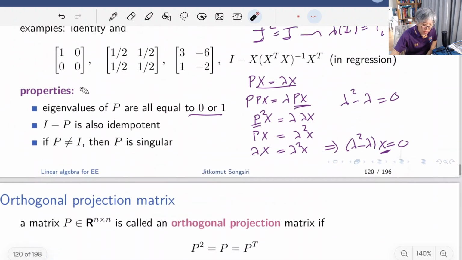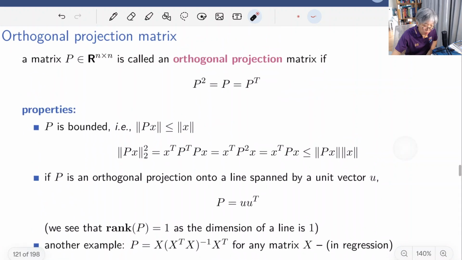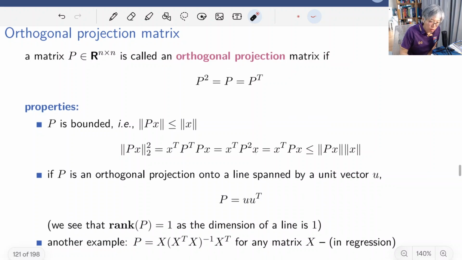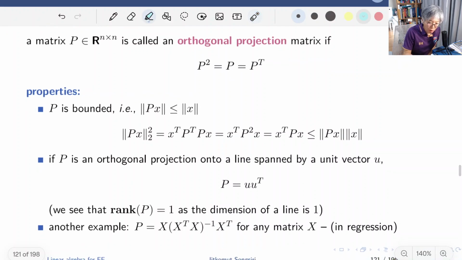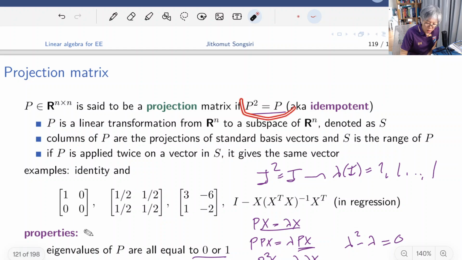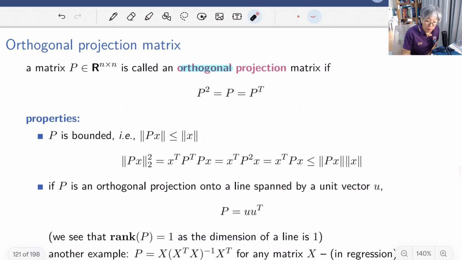Okay, so this is idempotent, P squared equals P. The next concept is closely related to the previous one. A matrix P is called an orthogonal projection if, whereas a projection matrix only needs P squared equals P, it also equals P transpose.